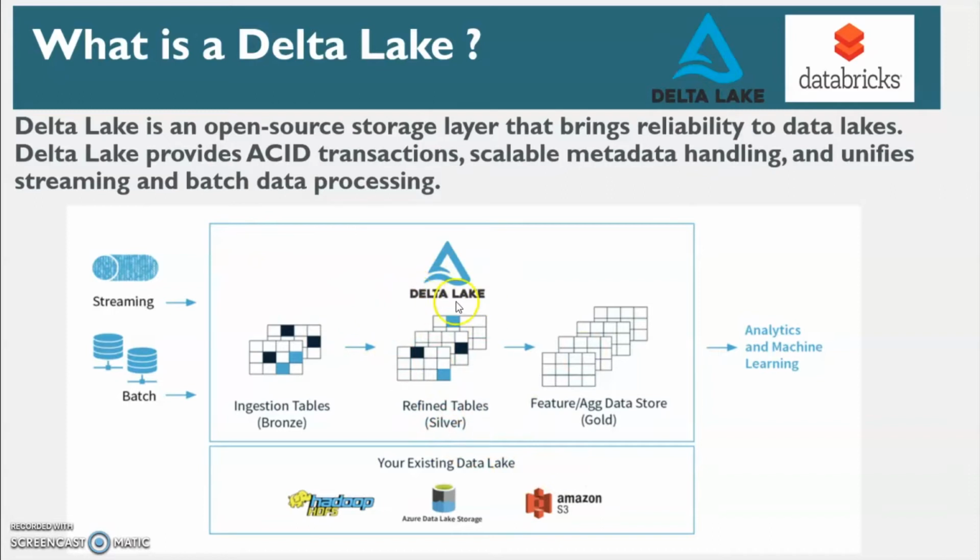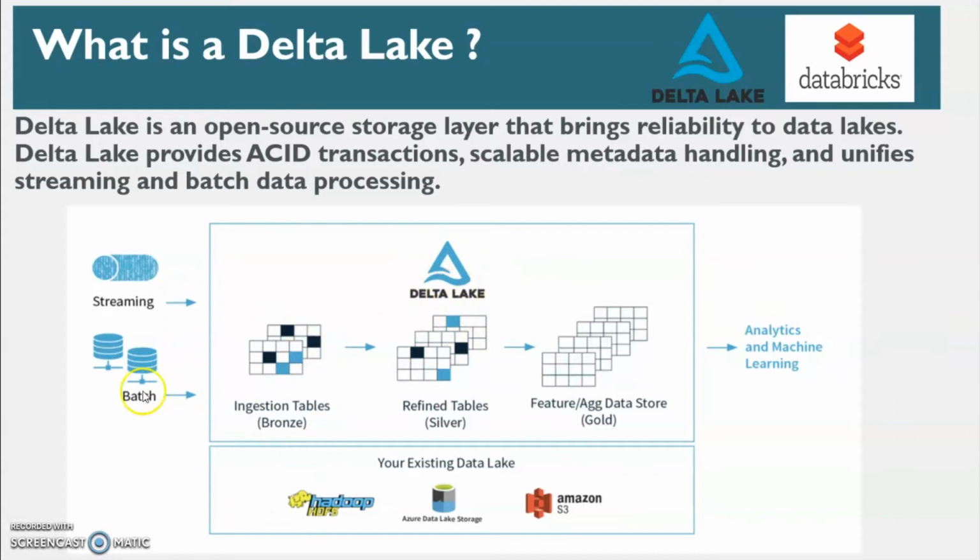This is an open source storage layer that provides the missing features we talked about in the previous slide, like ACID transactions and the problems related to schema consistency. Those kinds of problems will be removed by this delta lake. It provides certain facilities to overcome these problems.